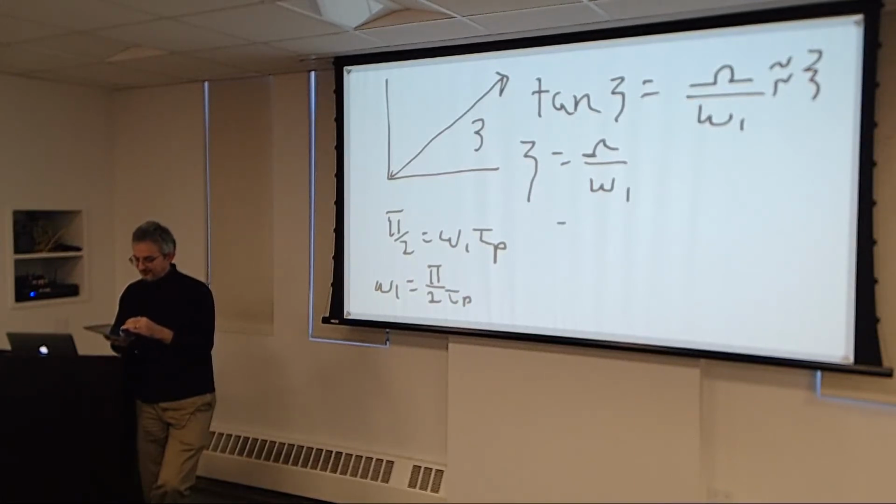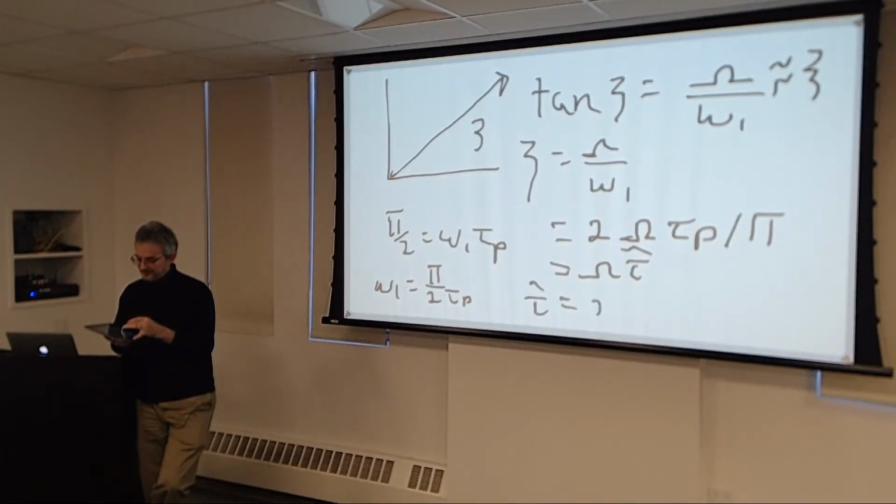If I substitute that in here, I get 2 Omega tau p over pi. And this is equal to Omega, let's say, tau hat, where tau hat is 2 tau p over pi.